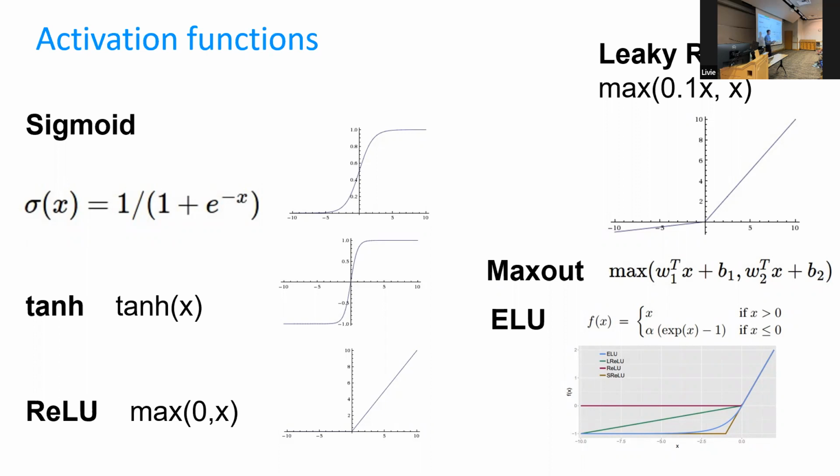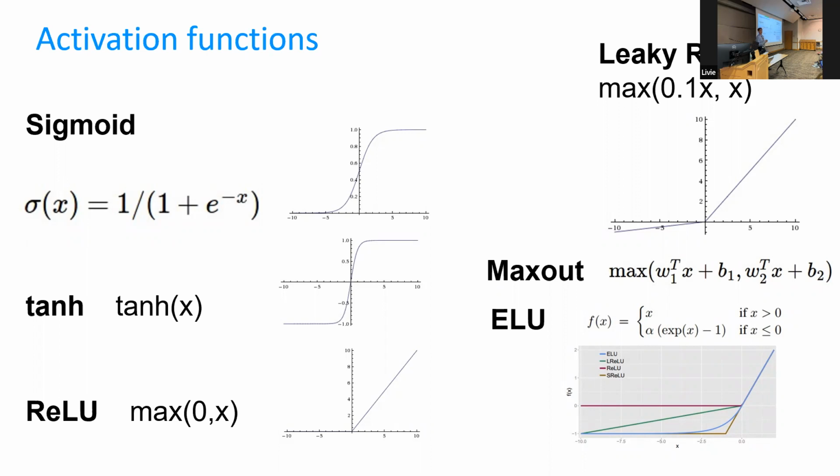And the answer is because there have been some other neural network innovations that really help with the disappearing gradients problem. And so ReLU is still used quite often in practice.